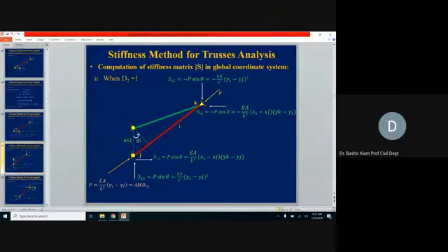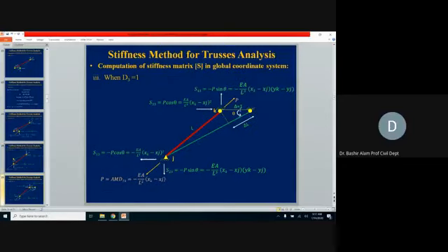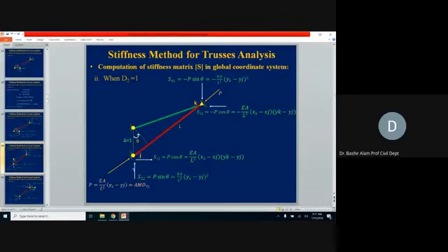So the trigonometric function sine theta is going to work now. Delta L divided by 1 will be equal to sine theta, so sine theta is equal to delta L now.